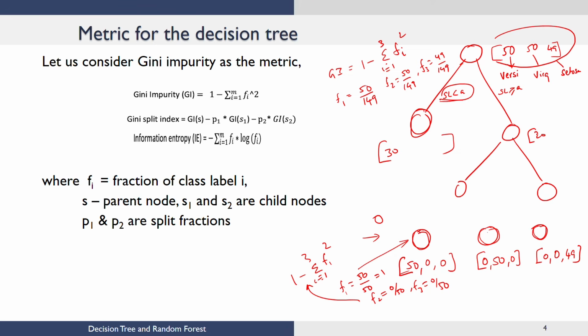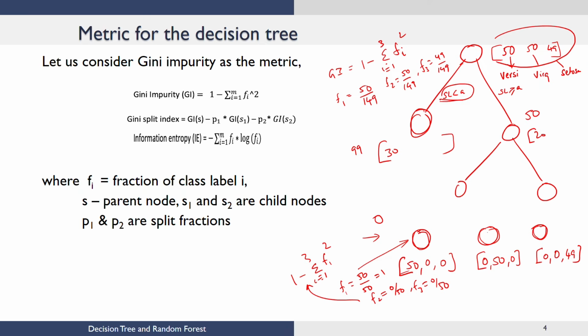This way you split the whole sample of 149 data points. It might be that 99 data points come here and 50 come here. It all depends on what we choose here. Maybe 60 of these data points come here and the remaining go there, and so on.